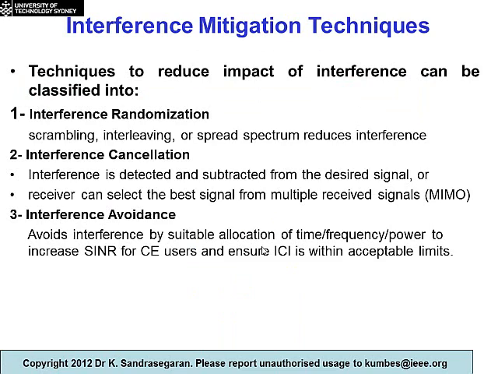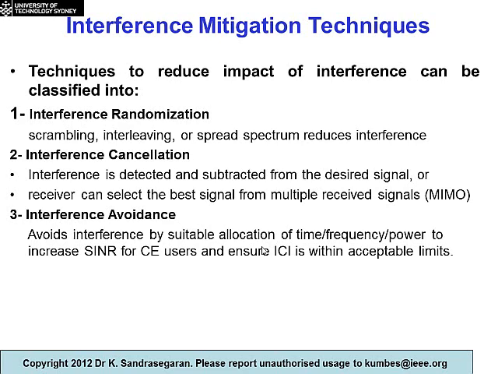So how do we overcome this problem? Well, there are different techniques that are used to mitigate the effect of interference. How do we reduce the impact of interference? If you look at general literature, if you look at 2G, 3G, 4G technologies, in all of these technologies we have interference.